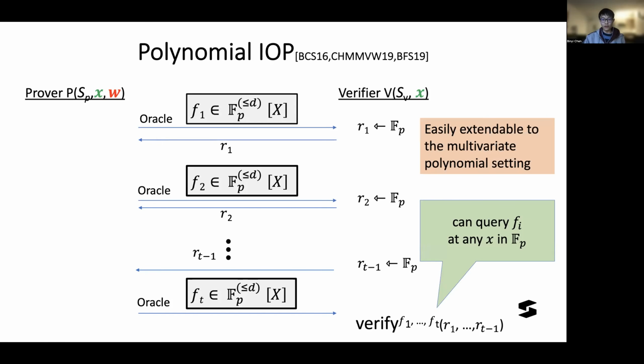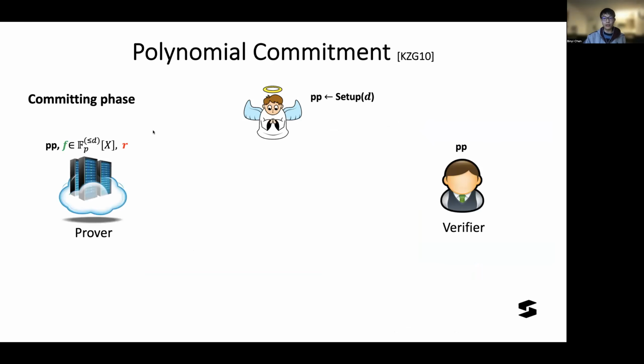Of course, this kind of ideal protocol is definitely not a SNARK, right? First, it's interactive, and also the polynomial is too large to be sent, and it's too costly for a verifier to just evaluate the polynomial himself. So we need some crypto primitives to compress this polynomial and enable some efficient evaluation checking. This is the so-called polynomial commitment.